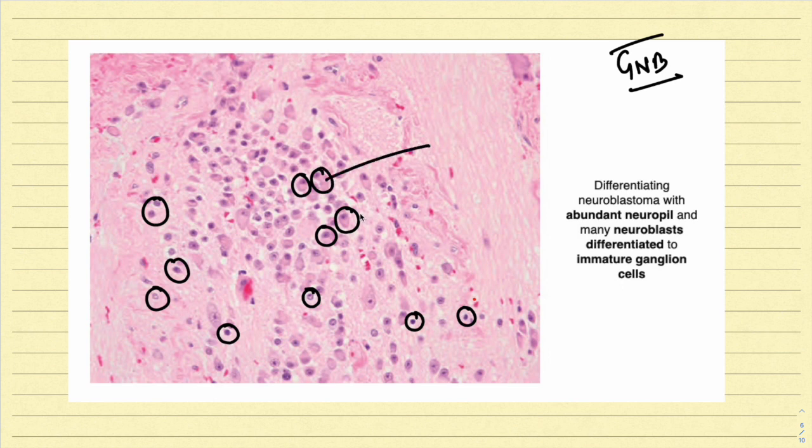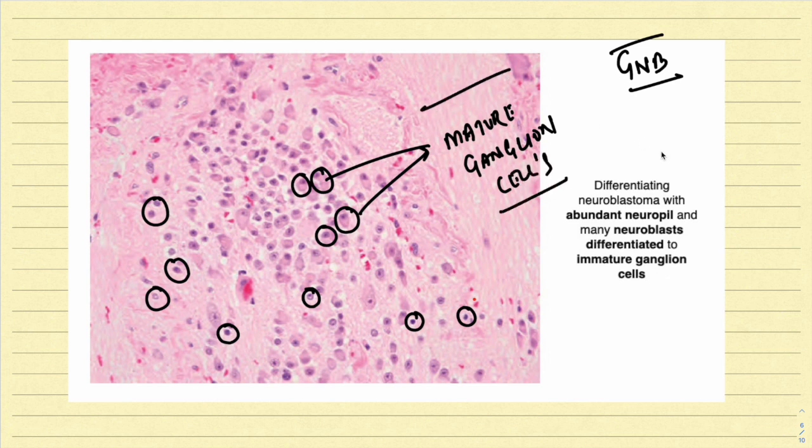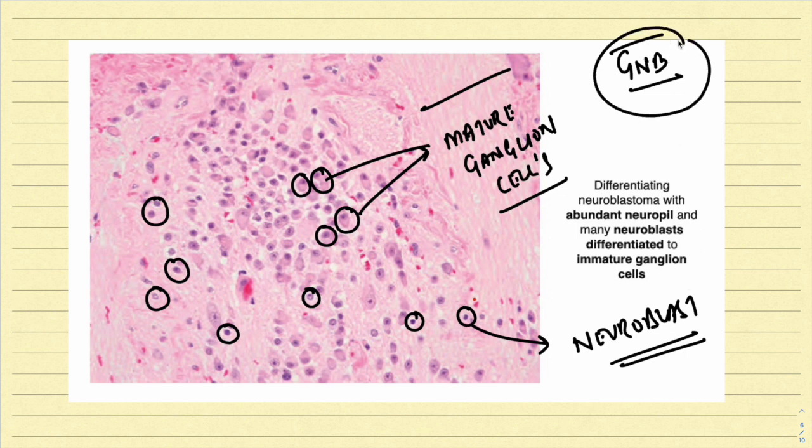So these large cells, as you can see over here, are the mature ganglion cells at varying stages of maturation. Okay, there are ganglion cells at varying stages of maturation admixed with the neuroblasts. So the neuroblasts have started differentiating towards the ganglion cell. So such a mixture of neuroblasts along with the ganglion cell is called a ganglioneuroblastoma.